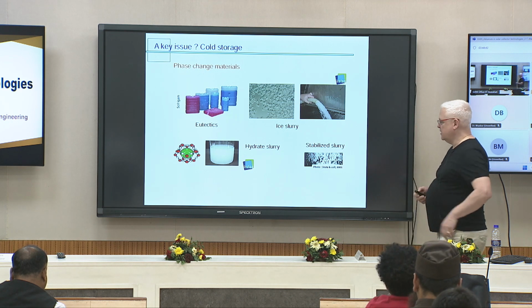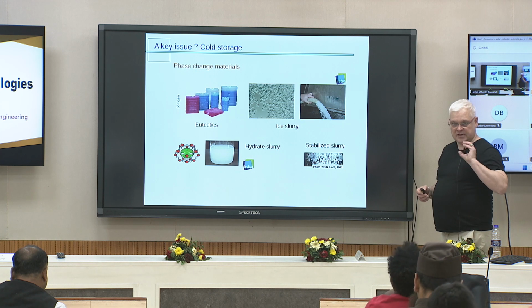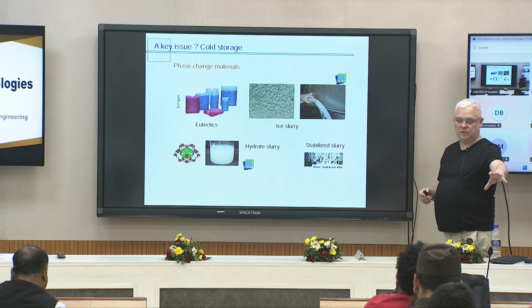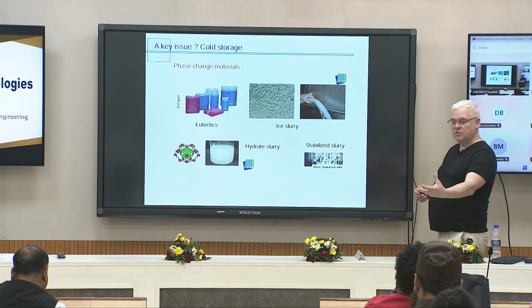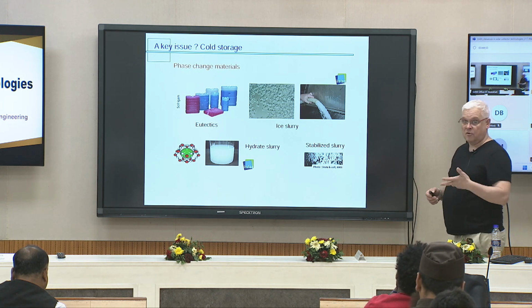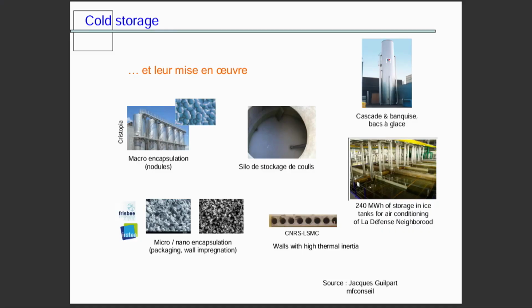It is investigated not only to be able to transport it in the urban grid, but also to transport cool in general, because the cooling needs are more and more big. Some examples: you can put that also in the slabs, on the floor, in the structure. So this is for cooling.